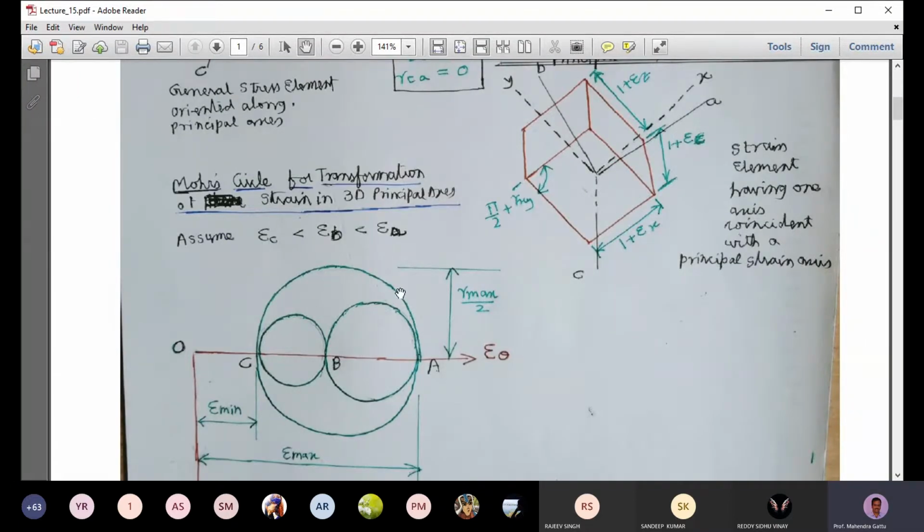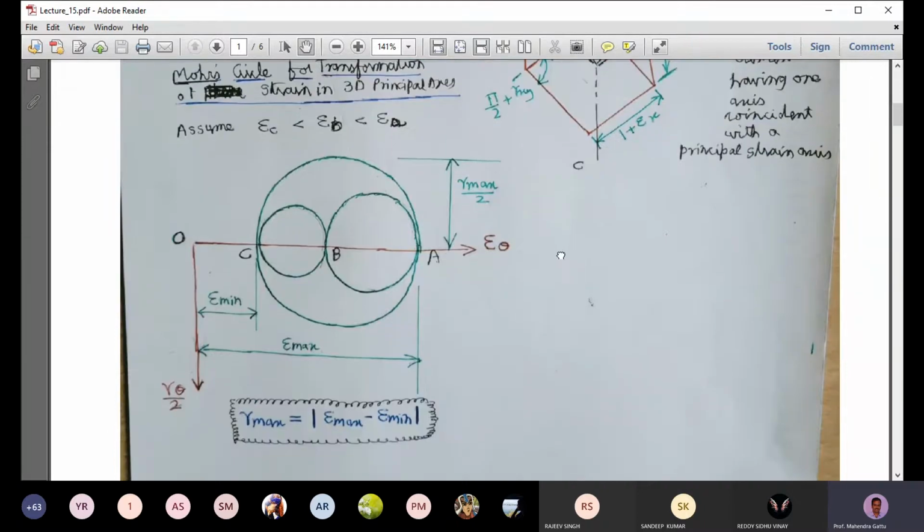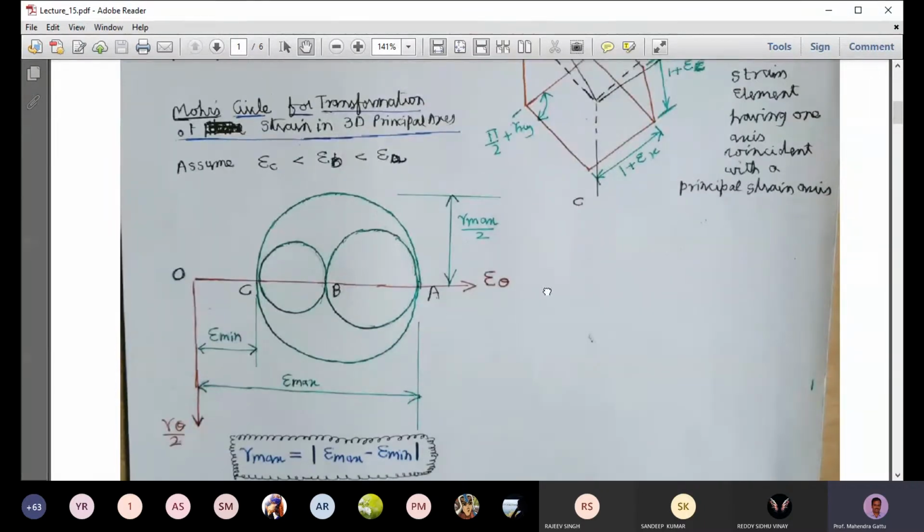Any element which is lying on the xz plane will get rotated by some amount, and that maximum rotation corresponds to the shear strain, and we'll get the maximum rotation for an element in the xz plane or xc plane. Okay, so this is regarding the Mohr circle for principal strains.